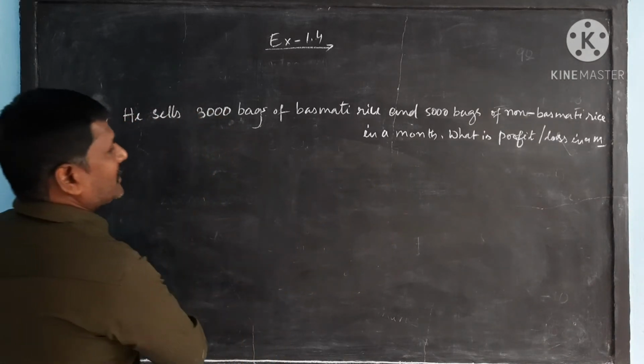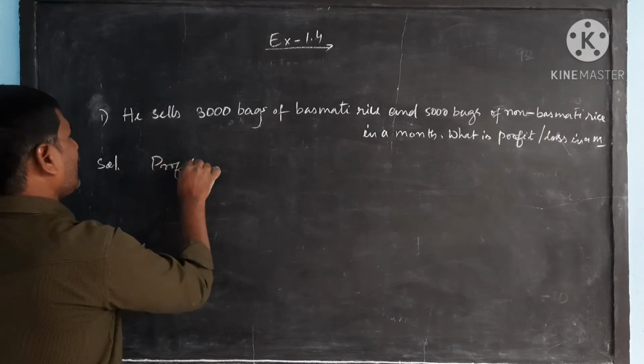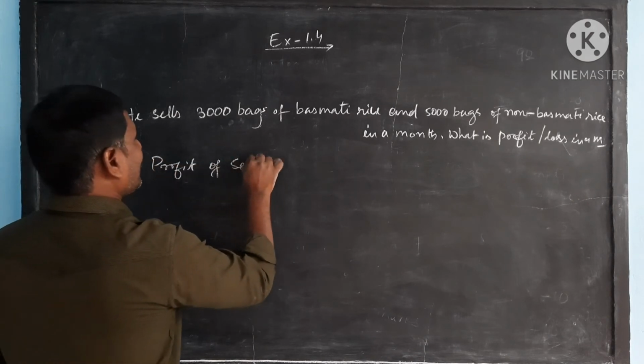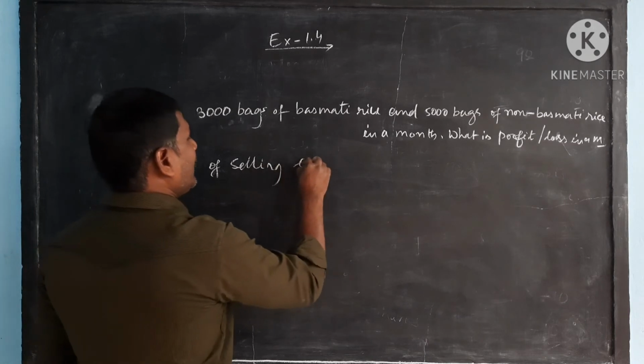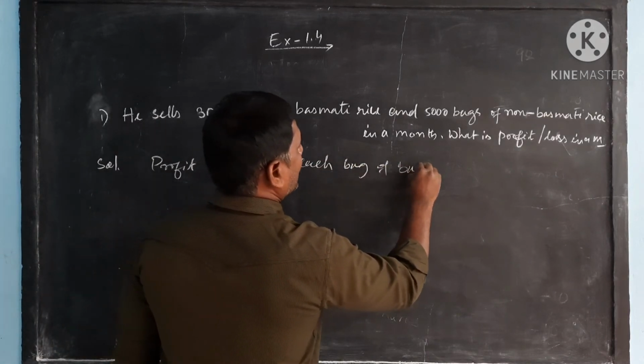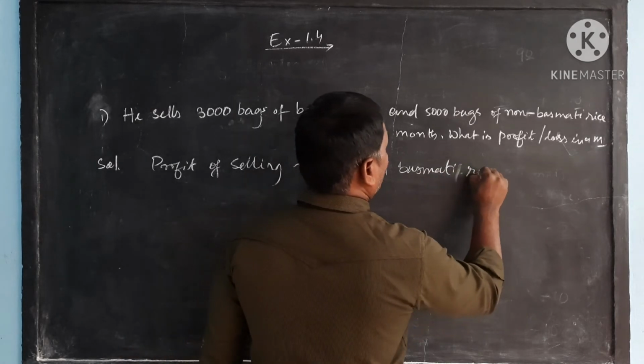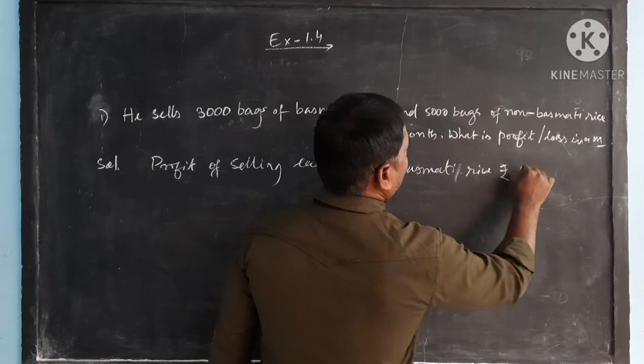The profit of the merchant: the profit of selling each bag of basmati rice is 10 rupees.